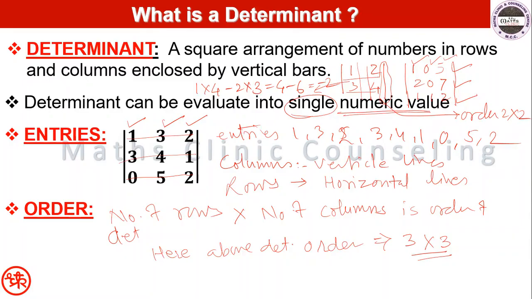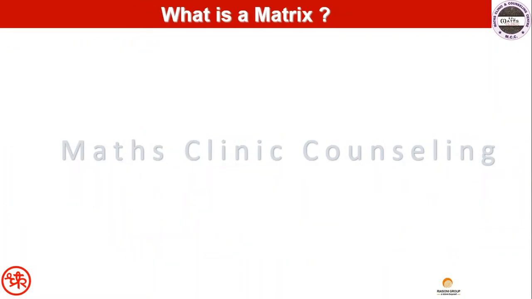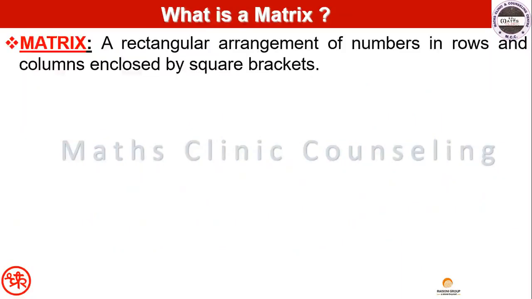Now we come to today's main topic, that is what is a matrix. In a determinant, it is a square arrangement of numbers. In a matrix, it is not only square but may be a rectangular arrangement. Every rectangle has two possibilities: either equal number of rows and columns, which is a square arrangement, or unequal, which is a rectangular arrangement.